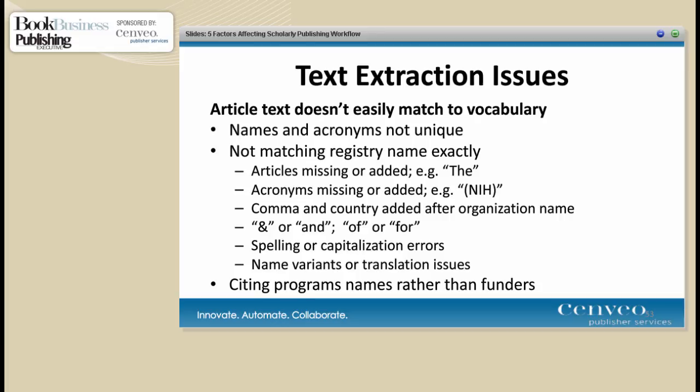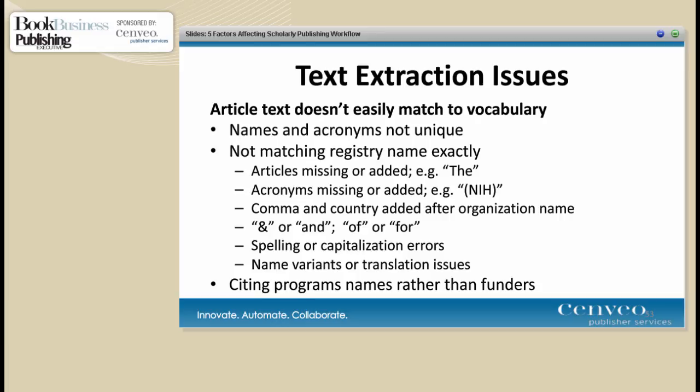And there's lots of details of the name format that might not match the registry precisely. Amusing things like "the" could be present or added incorrectly. The name could be present and the acronym added, or the acronym missing and not matching the registry preferred name format. And there can be textual errors like "and" or ampersand, or "for" or "of".